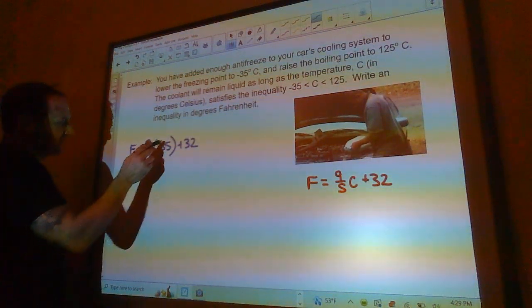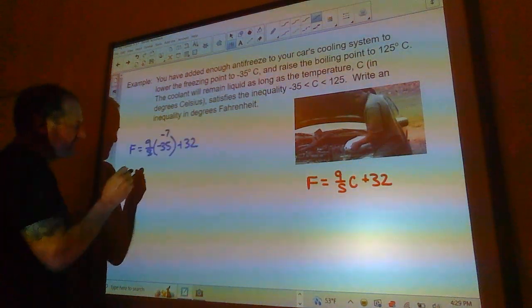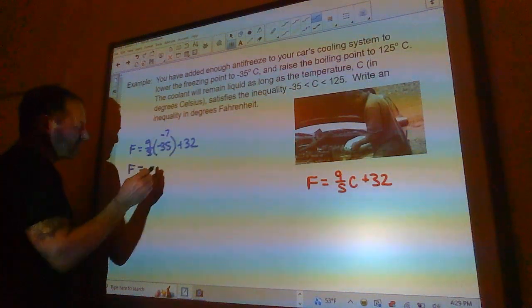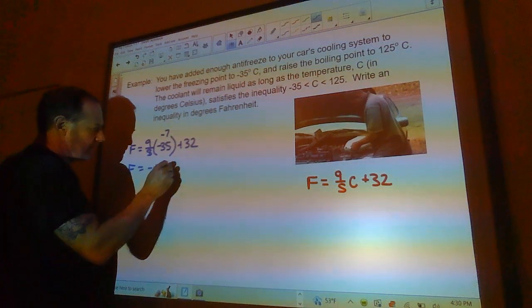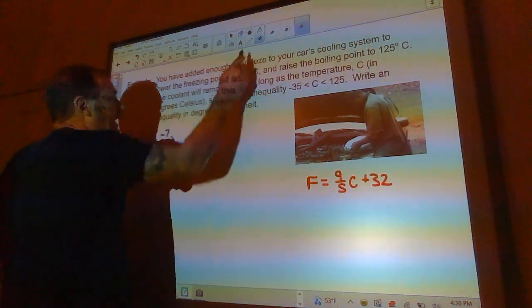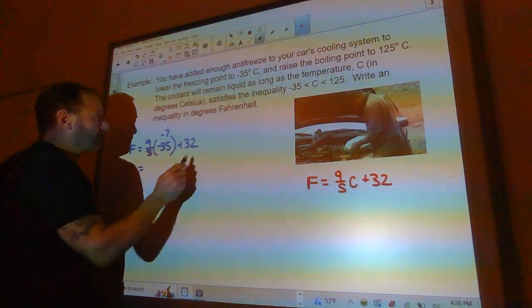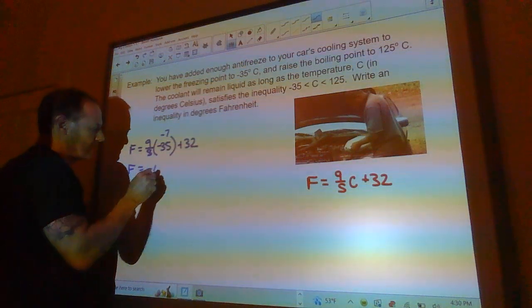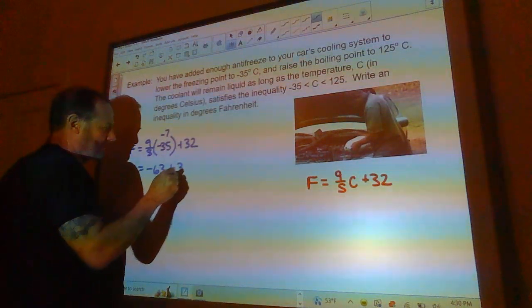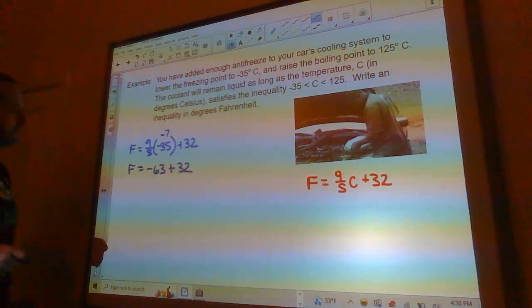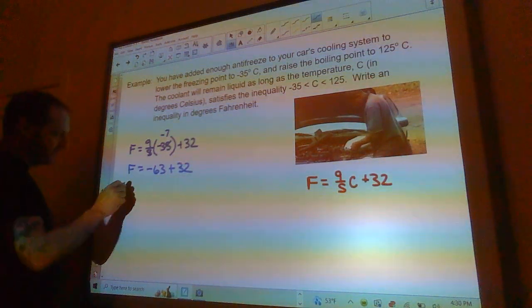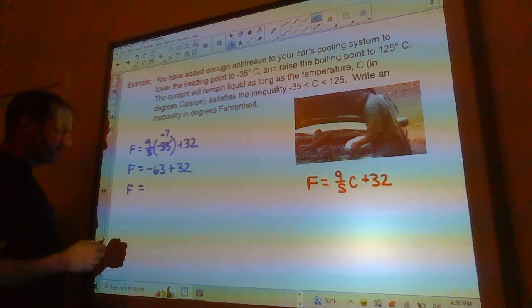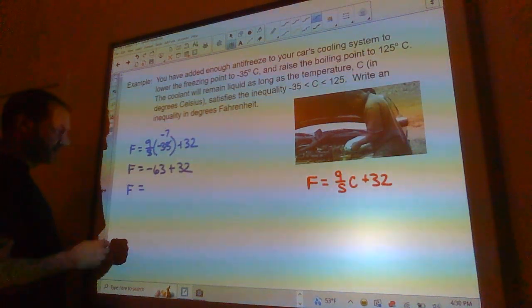So let's see, that's going to cancel with this and make that -7. So 9 times -7 is going to be -63 plus 32. Let's fix that. Then Fahrenheit is going to be what, -31?